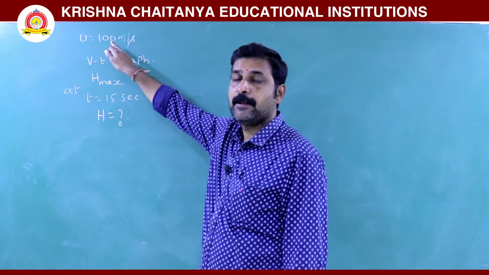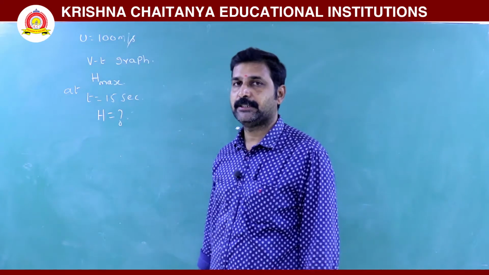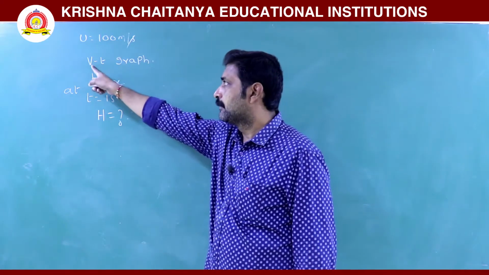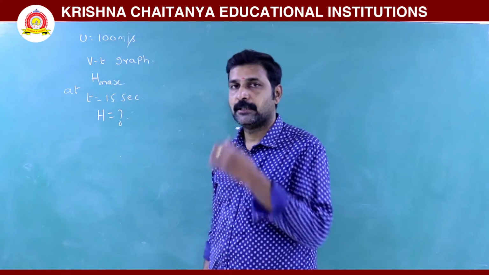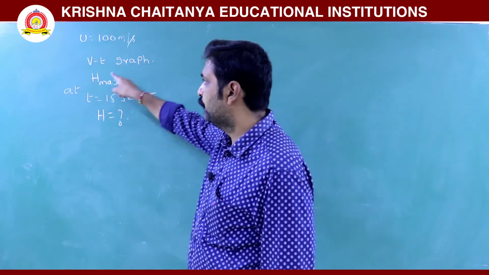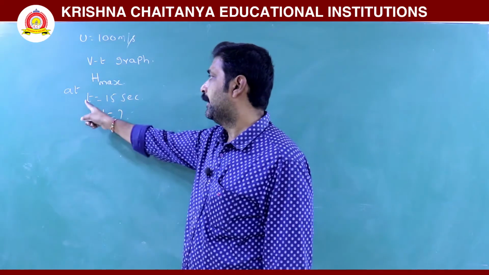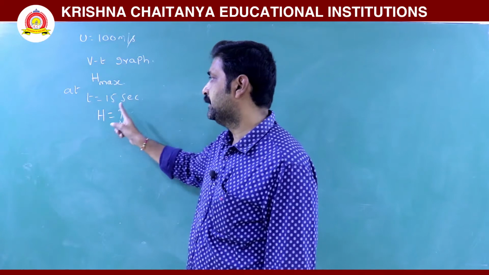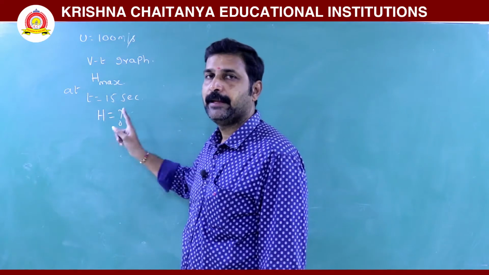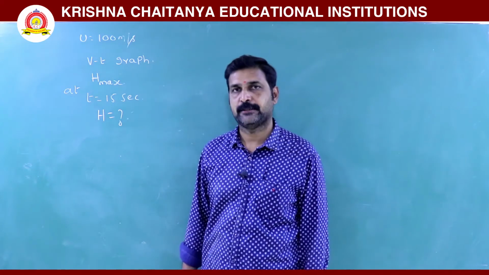Data given is only the 100 meter per second initial velocity. You are asked to draw the VT graph, and from that graph find the maximum height, and at t equal to 15 seconds, the height the body has reached at that instant.